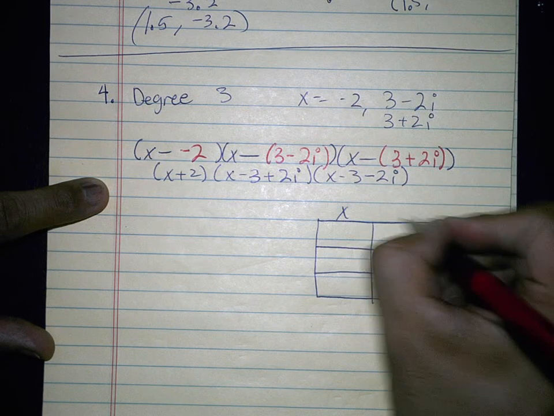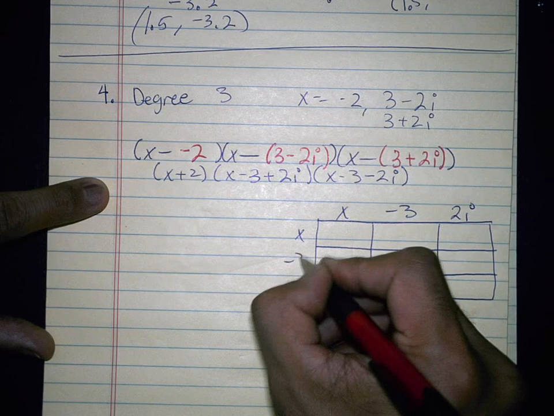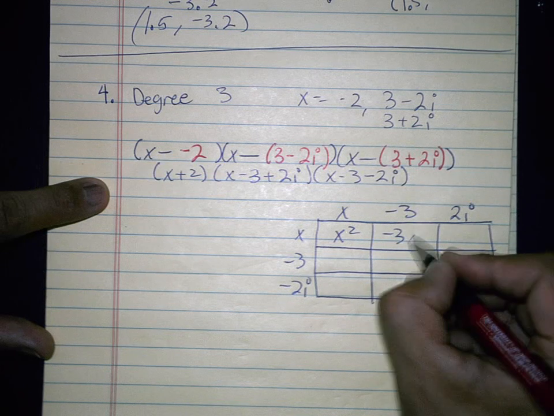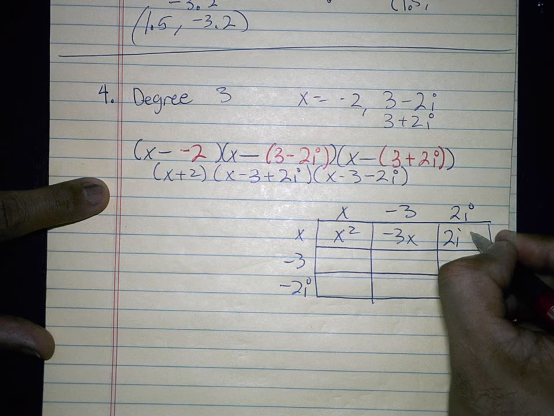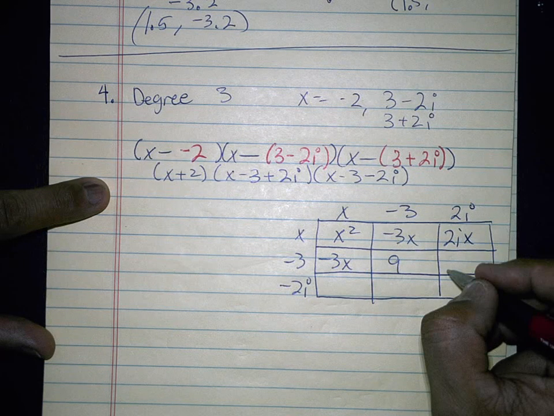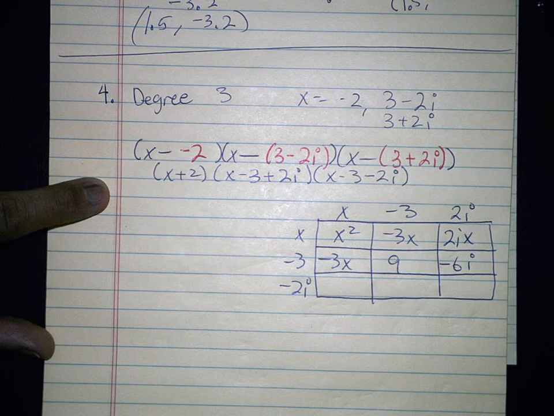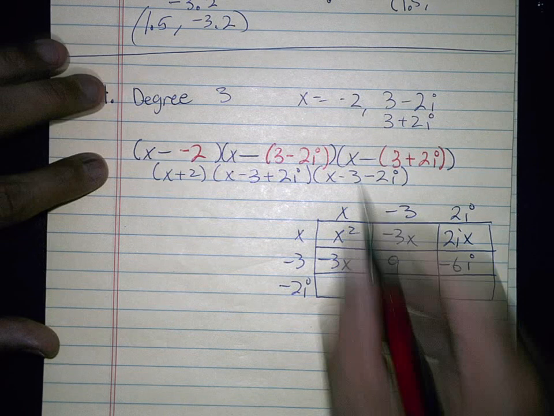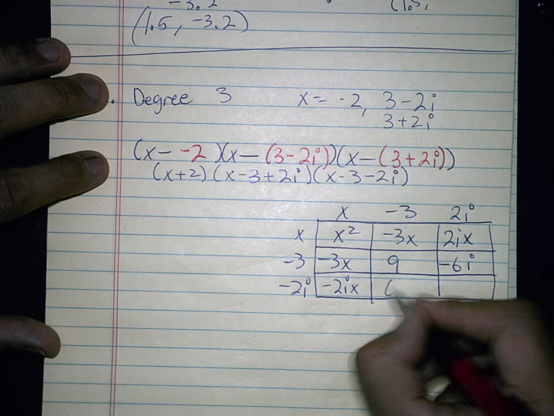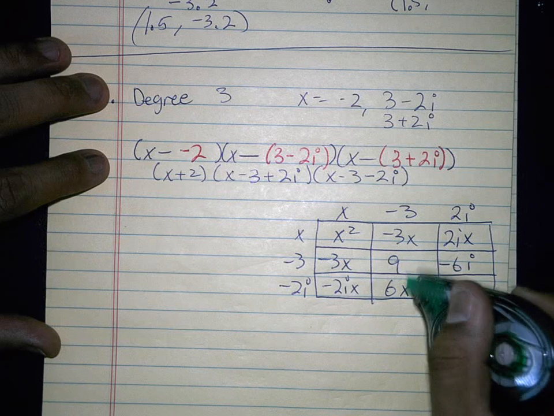Okay. So we get x squared, negative 3x, 2ix, negative 3x, 9, negative 6i, and then here we get negative 2ix, positive 6i, oh, just i, not x, sorry.